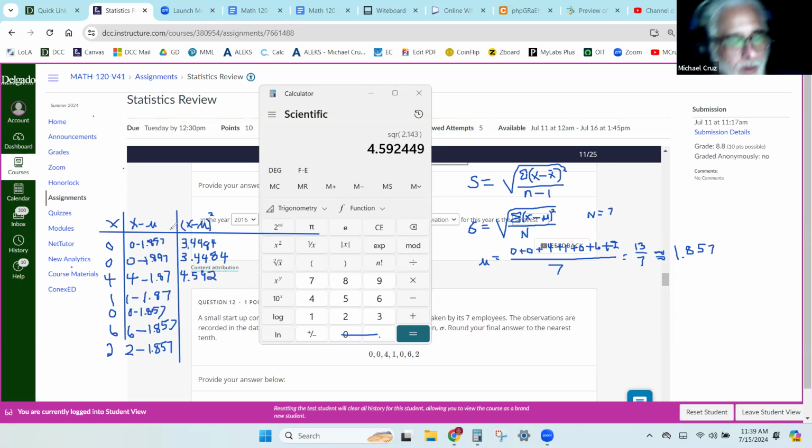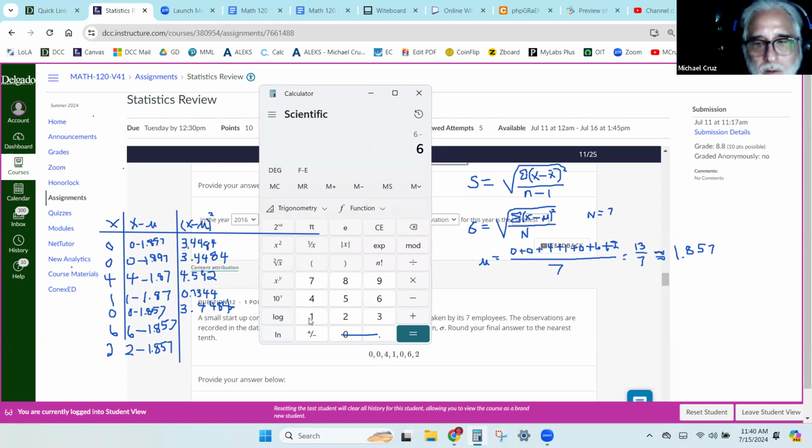It's one of those calculations that takes an incredibly long time by hand. This one is the same as the one at the top. And then the last one.